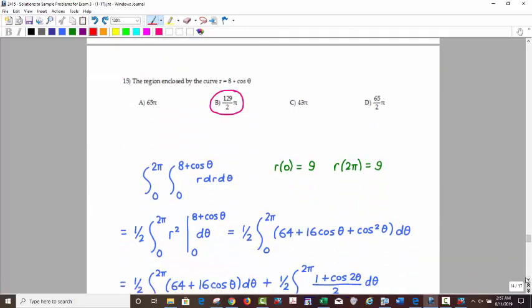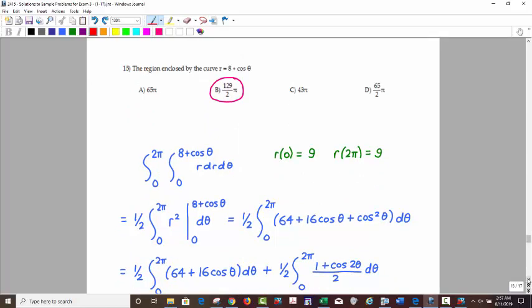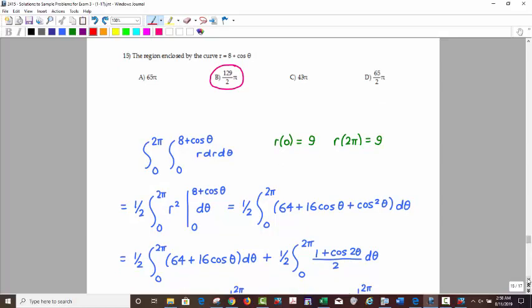Now you can also use numerical integration for this if you like in the calculator once you figure out the setup here. Now this one's not too tricky because this one's going to be 0 to 2 pi. It's not as tricky as the leaf thing or whatever. It's just going to be straight up 0 to 2 pi.